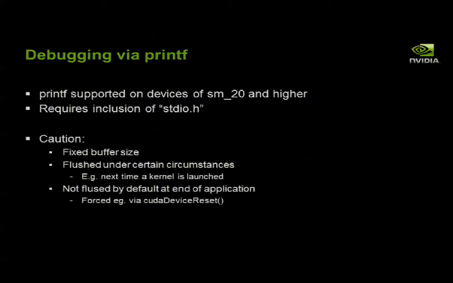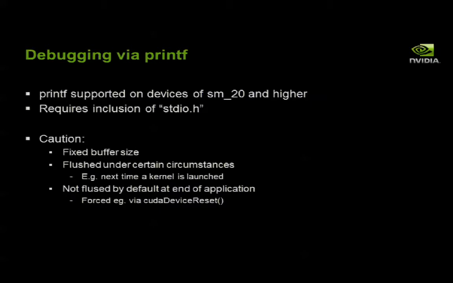So it's a circular buffer, and the more you produce, the more likely you will overrun some of the output that you produced before. The other thing is that the buffer is only flushed every so often. Basically, if you have a kernel that uses Printf within the kernel, this output is going to sit on the device until you launch the next kernel, or until you have some synchronization calls.